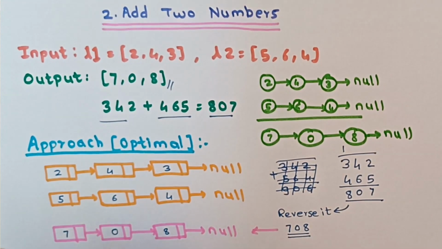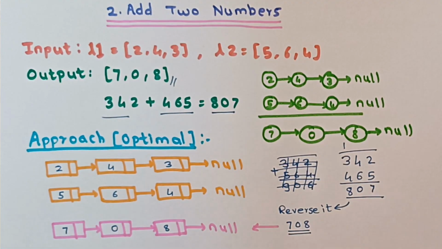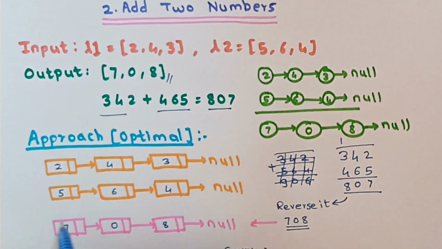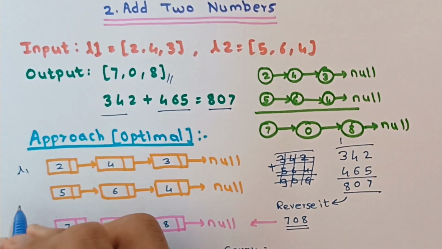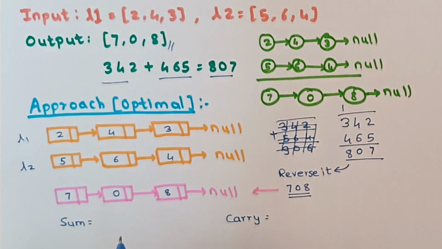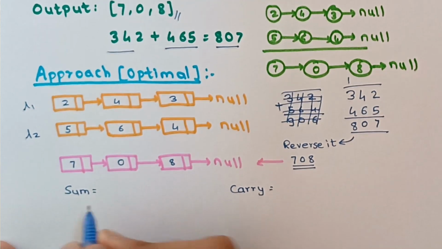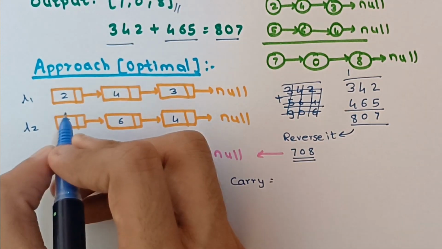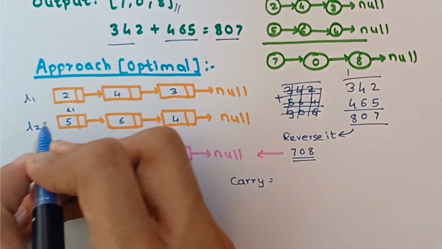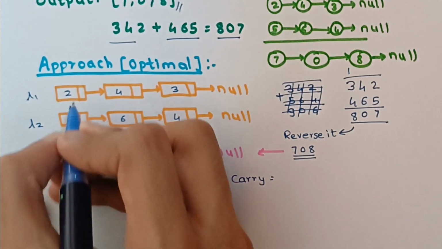Now let's see the optimal approach. This is linked list 1 and this is linked list 2. We will take two variables, sum and carry, and also two pointers, L1 and L2.